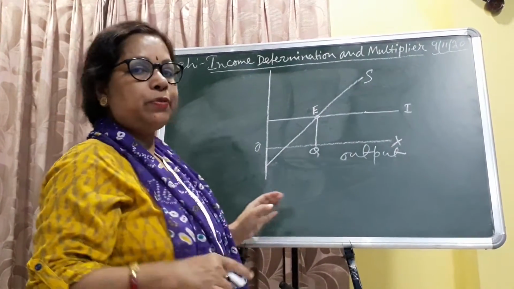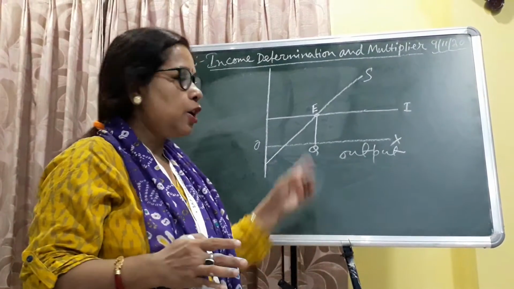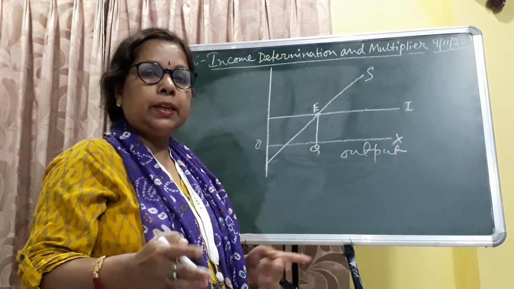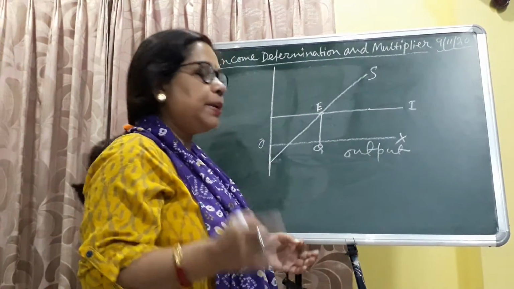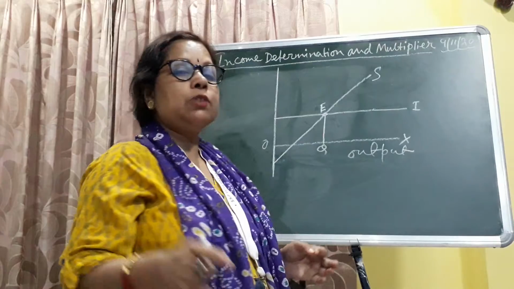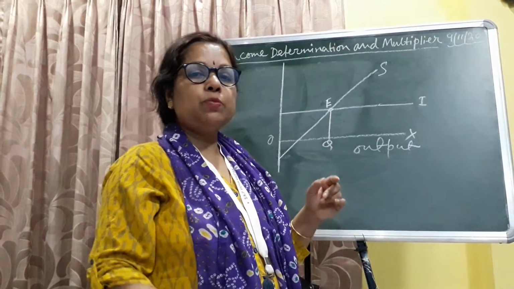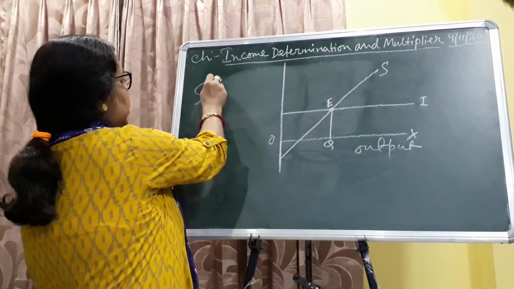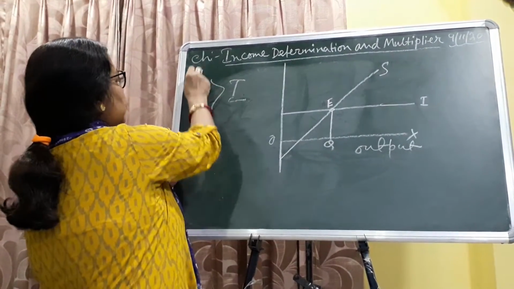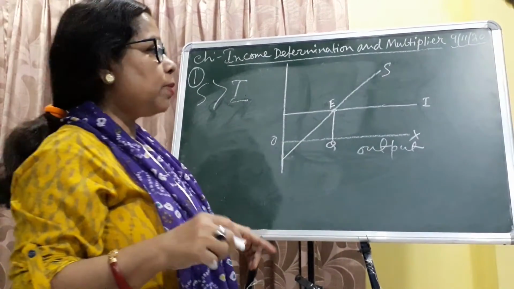Now if we assume there is any deviation from the equilibrium situation, then a readjustment process will start, which will bring us back to the equilibrium level of income. Assume saving is greater than investment. What will happen?